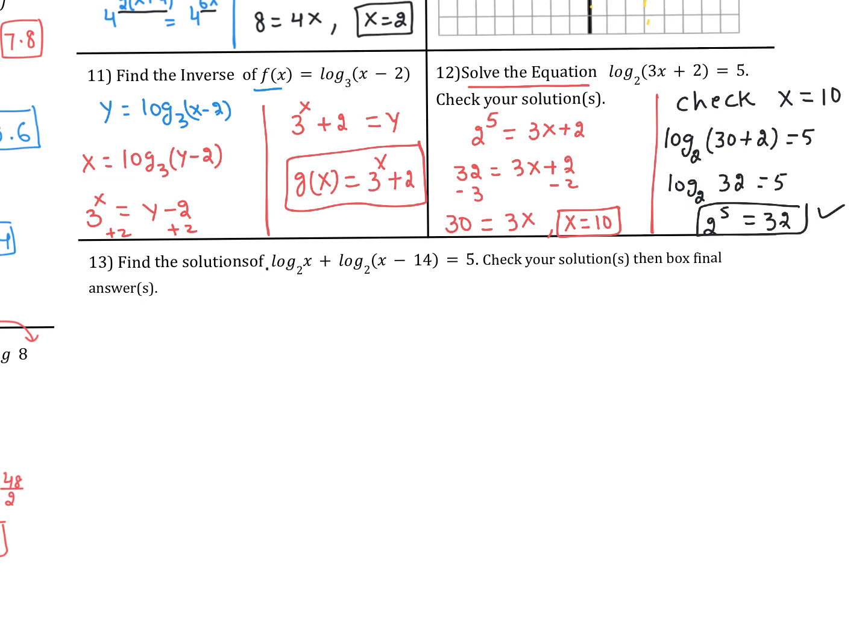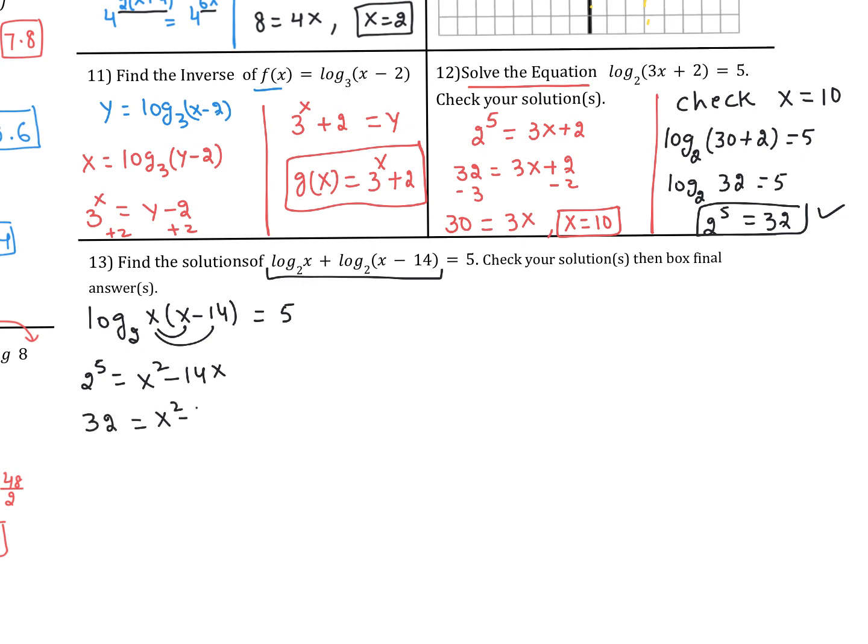So question number 13, you're going to apply the product property here. So it's going to be x times (x minus 14) equals 5. 2 to the power 5 is x squared minus 14x. 32 equals x squared minus 14x. You bring the 32 to the other side by subtracting 32 on both sides. x squared minus 14x minus 32 equals 0.